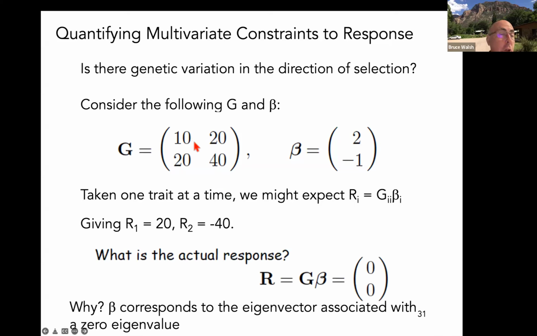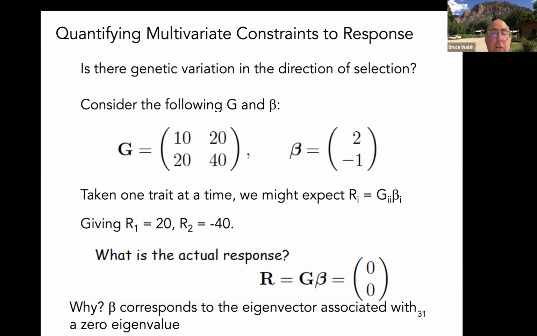Why? Look at the determinant of this matrix. 400 minus, this has got a determinant of 0, and it turns out that's the eigenvector corresponding to 0. So in that direction, if you imagine a scatter plot of all your values, that scatter plot is actually a line. So I can move up and down that line, but I can't move at right angles to it.